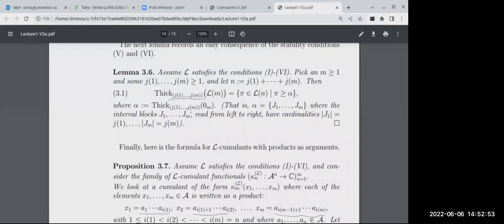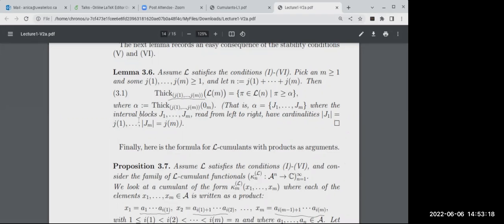But anyway, the key combinatorial point is that my assumptions make these maps, this thickening of partitions from L of M, sure to go to L of N. And now there is this condition. Fact is that whenever I have a J1 up to JM, if I thicken to these sizes, whatever I do, there is this smallest possible interval partition which is always there.